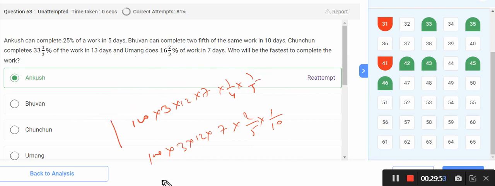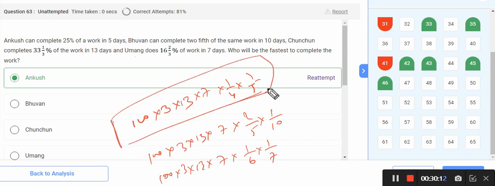And 100 into 3 into 12 into 7, it will be 13. Okay, so 1 by 6 of the work in 7 days. That's how we'll get their efficiency.